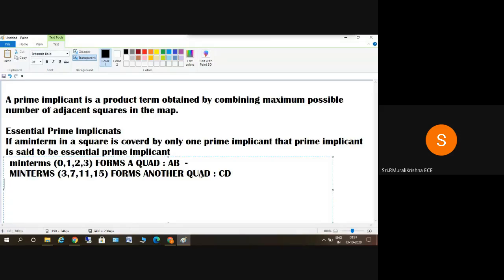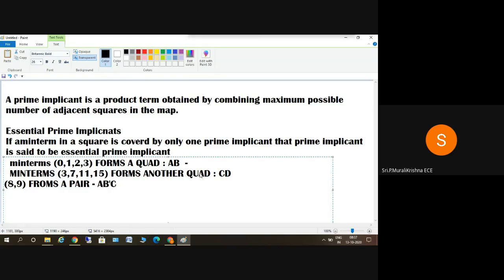And 8, 9 form a pair, with some value like A B bar C. Let's suppose some value came.